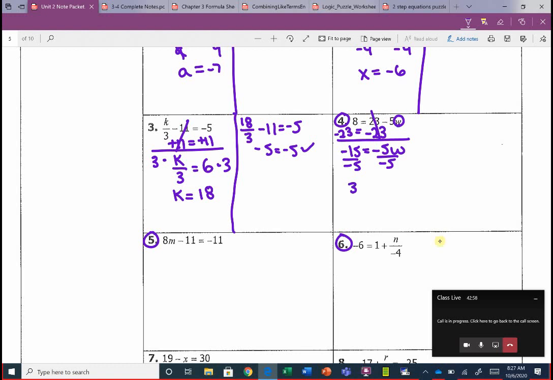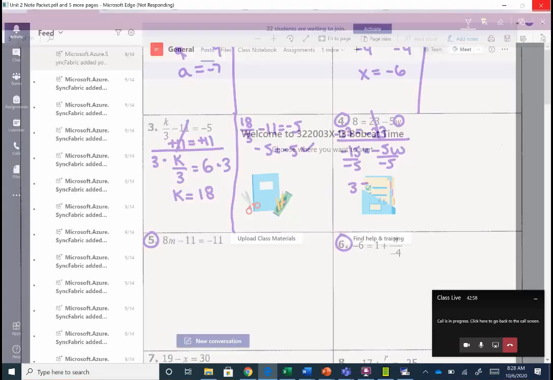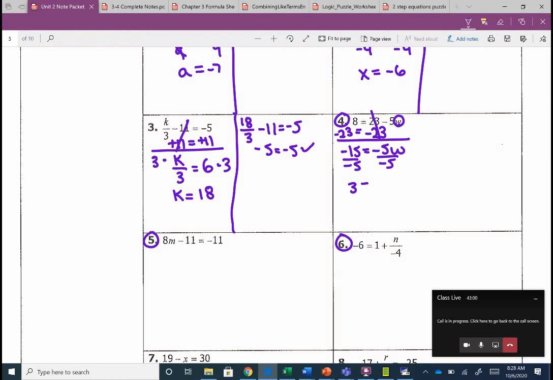So 3 equals W. I can put it back in and check. So 23 minus 5 times 3, 8 equals 8. It checks out.